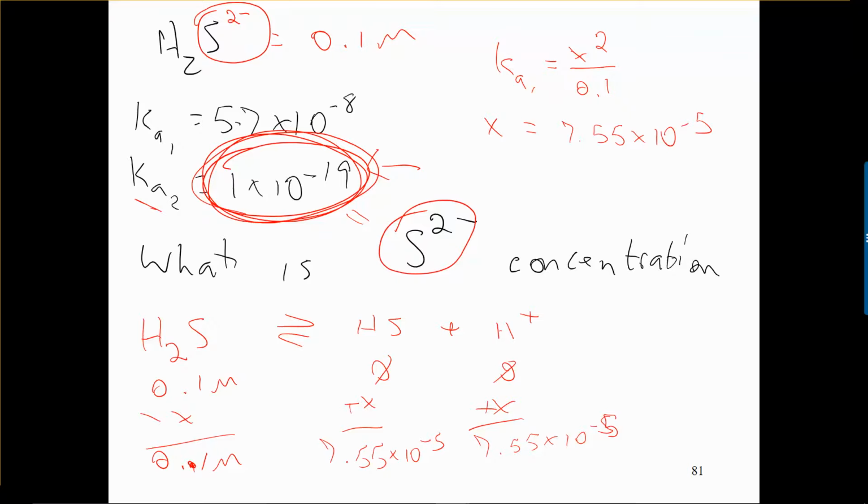Now you know that if they ask for the anion concentration of this diprotic acid, or triprotic acid, it will be equal to the last Ka. Another situation, if we're asking for pH, that would be a whole different situation, and it would be more to that.